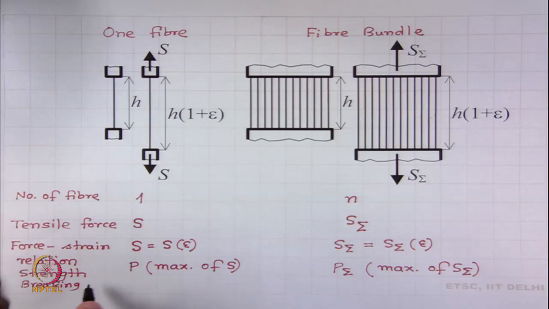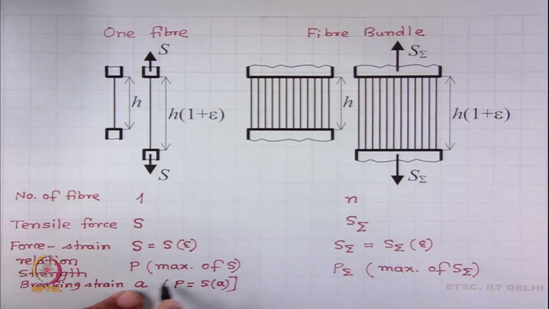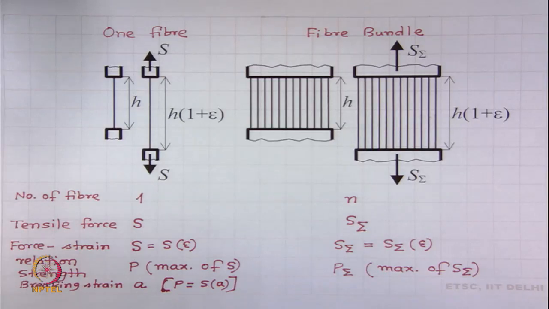Suppose breaking strain is here small a. What does that small a mean? P will be obtained when the breaking strain is a.